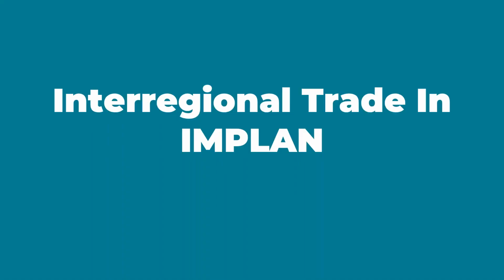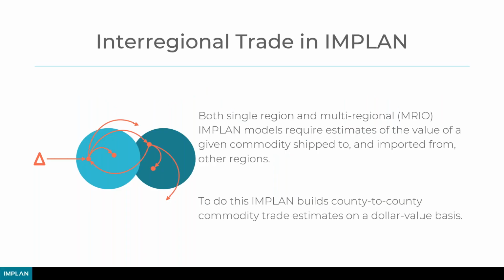Thinking about interregional trade in IMPLAN, to build accurate regional economic impact models, IMPLAN needs to have an idea of how much of a given commodity is brought in from other regions and shipped to other regions. This is both for single region and multi-regional or MRIO IMPLAN models.